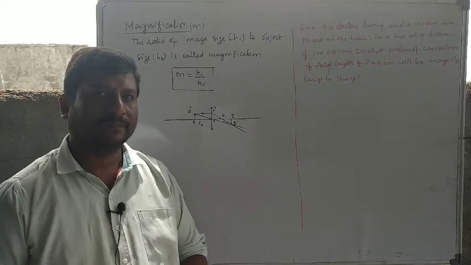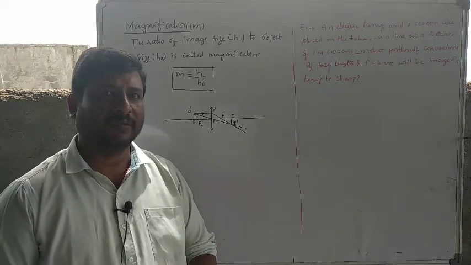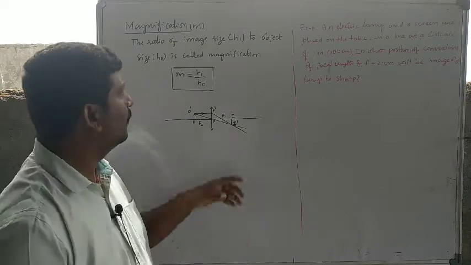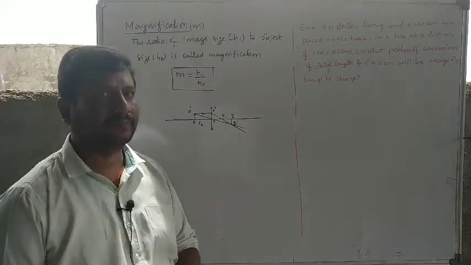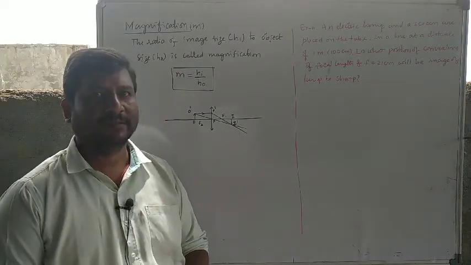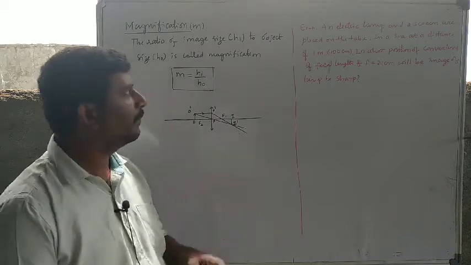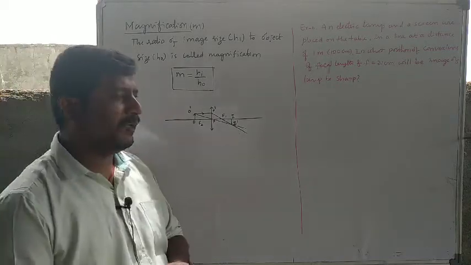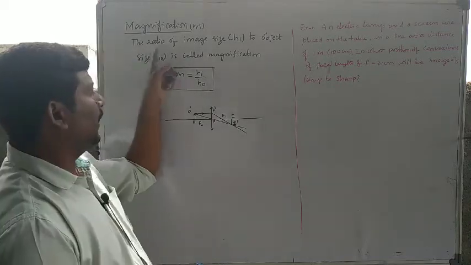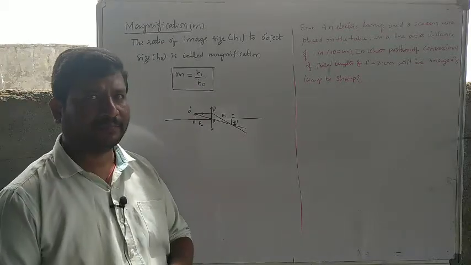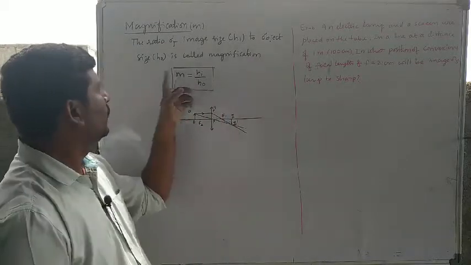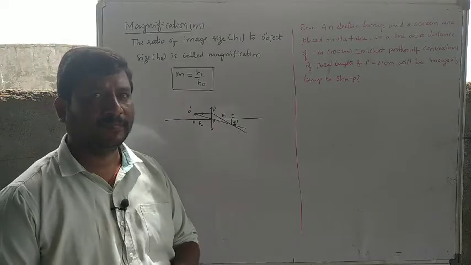Hello children, today we are going to discuss magnification. Magnification is denoted by small m. It is nothing but the ratio of image size to object size.